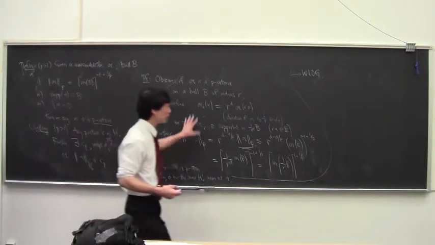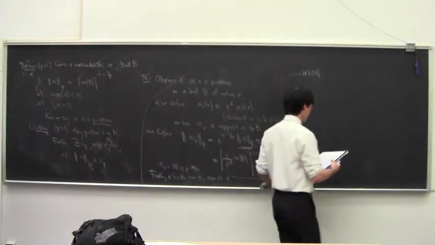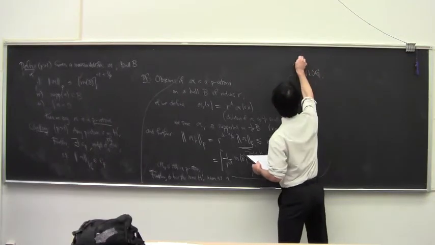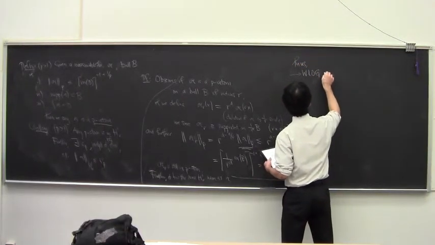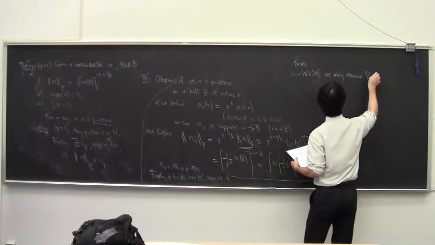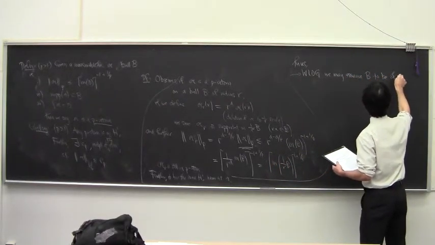So that's the point of this calculation here. So without loss of generality, we may assume B to be of unit radius.